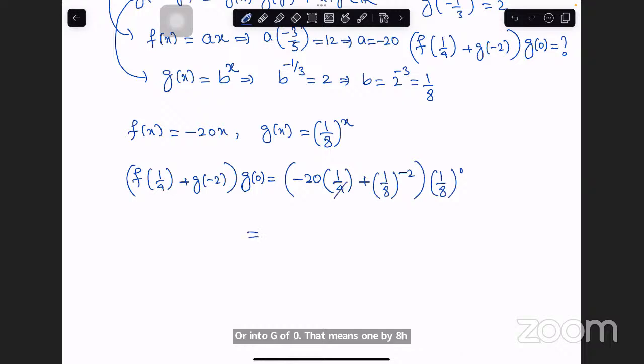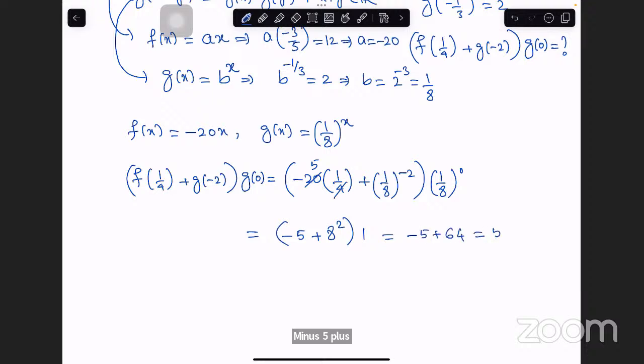So 4 1s are 4, 5 4s are 20, so you get minus 5 plus 8 square into 1, which is minus 5 plus 64, which will give you 59 as an answer.